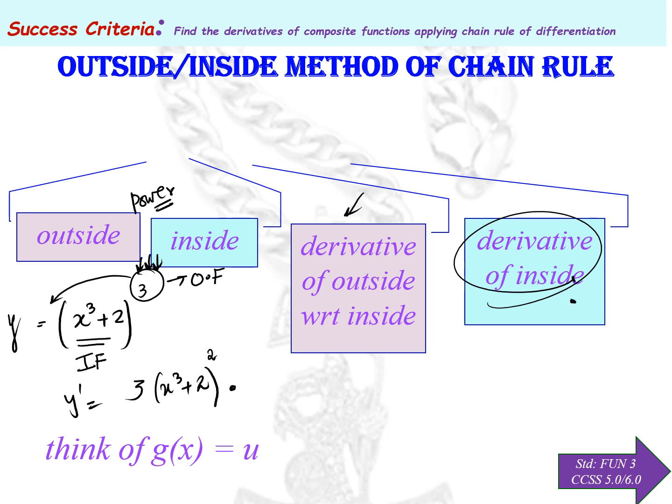The inner function is x cube plus 2. I put a dash on top to show that I have to take the derivative. Now the derivative of x cube plus 2: the derivative of x cube is what? 3x square. So this is how the whole chain rule works.